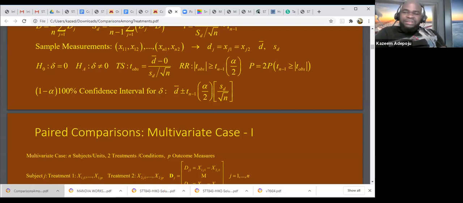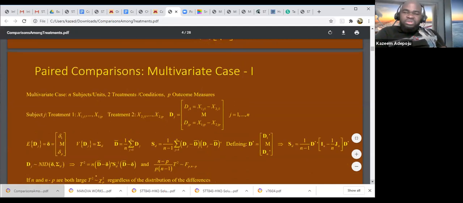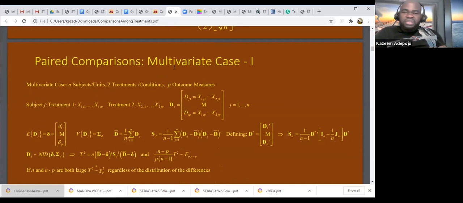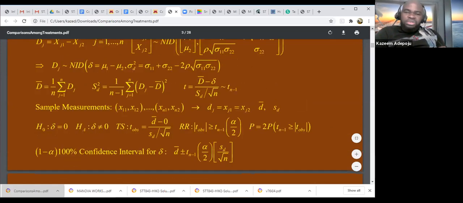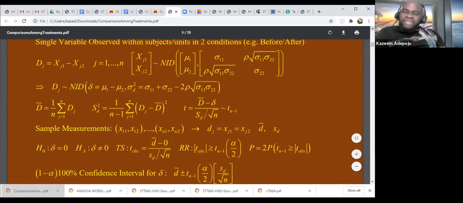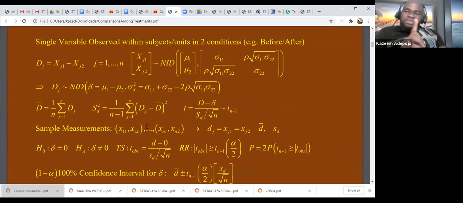generalize that to a situation where the number of variables involved is more than one? Now, the one we did before in the univariate, we have just one variable that was partitioned into before and after. You see, only that one major variable was partitioned into before and after.